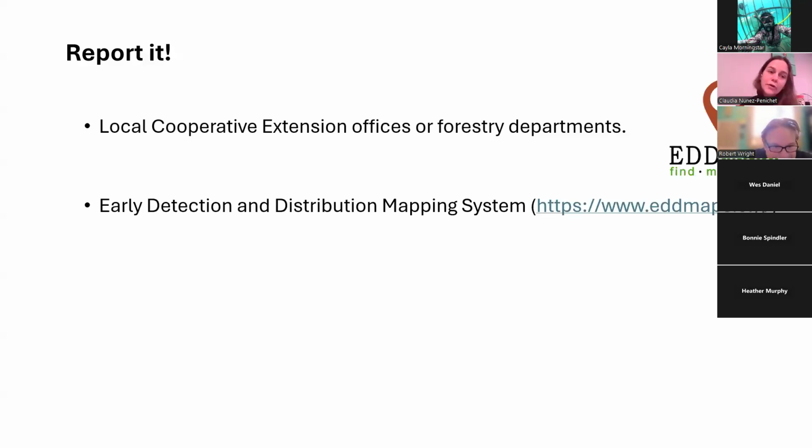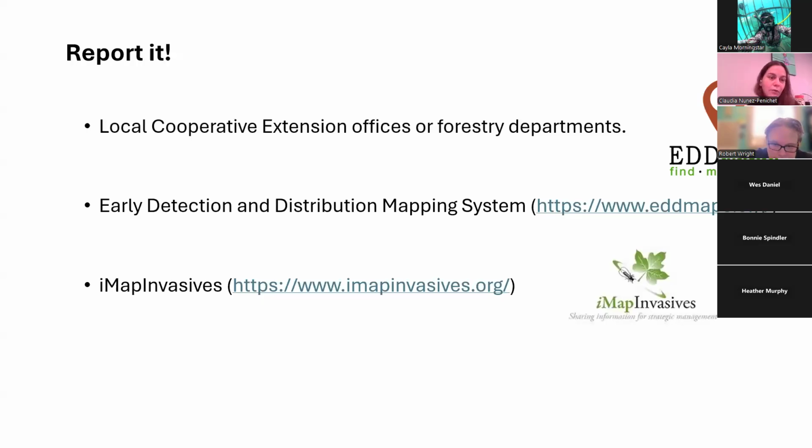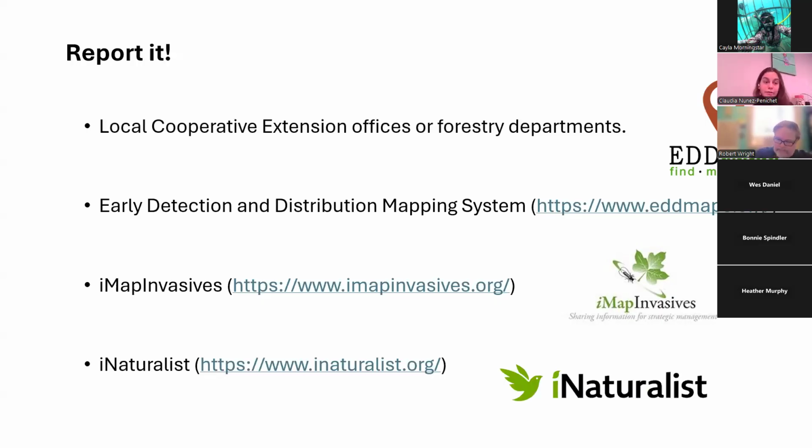We can also report it to early detection and distribution mapping systems. This is a great resource for compiling all that information. We can also use iMapInvasives. That's also a good resource. And another one that is pretty good is iNaturalist.